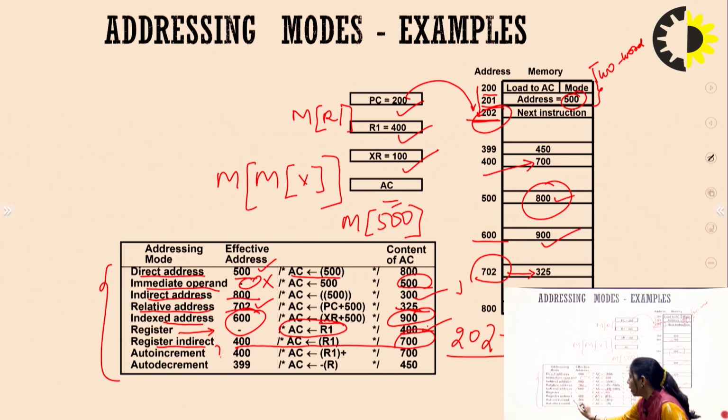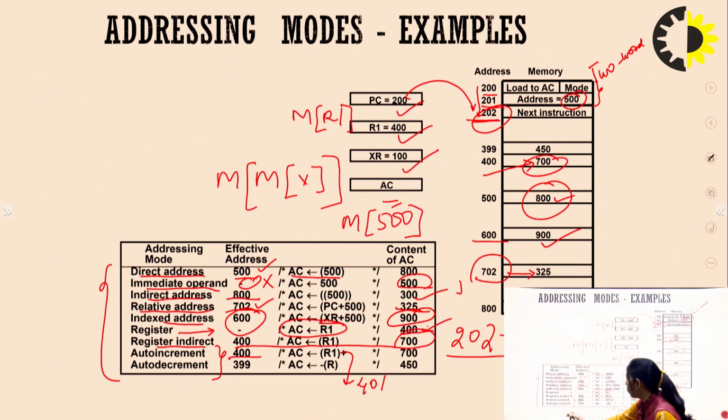In auto increment and auto decrement, I already explained what happens. The value is first calculated. The value was 400 in the register. First the value is being calculated. So 400 contains the value 700. First of all, it will be calculated. 700 will be brought for the instruction execution, and afterwards this register value will be incremented. So this value will now be 401 if the auto increment addressing mode is being used.